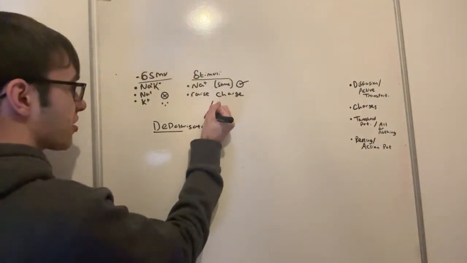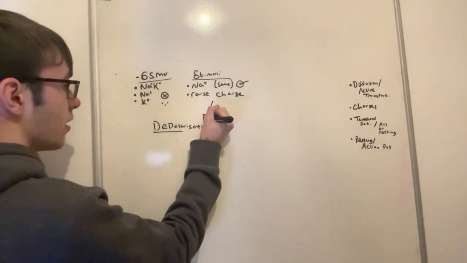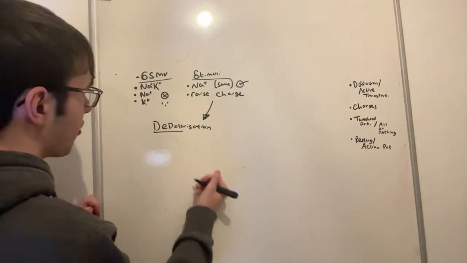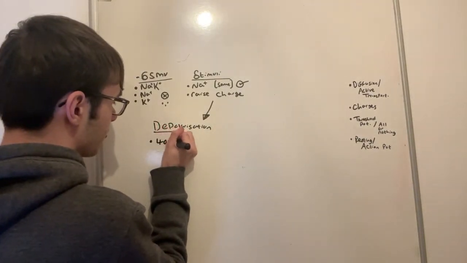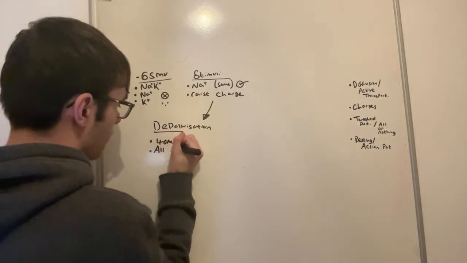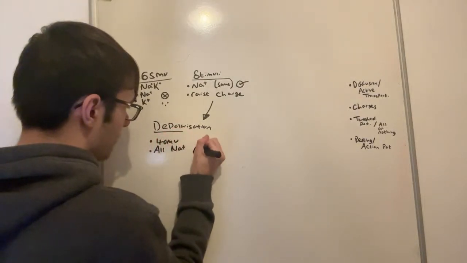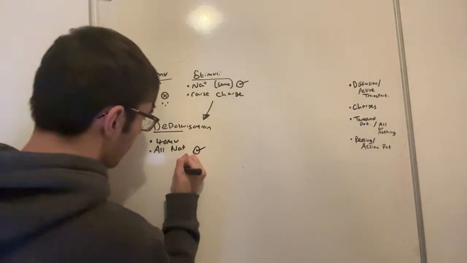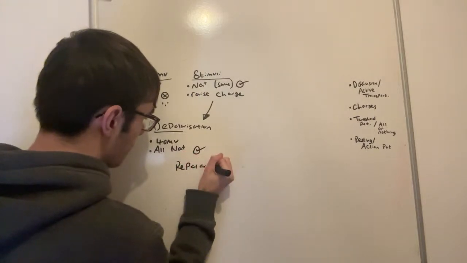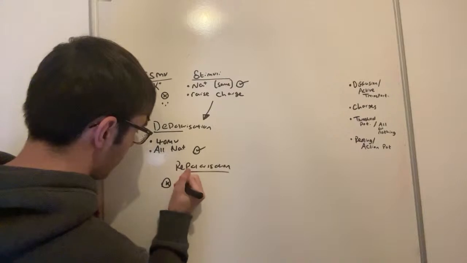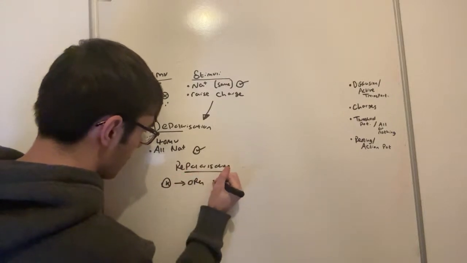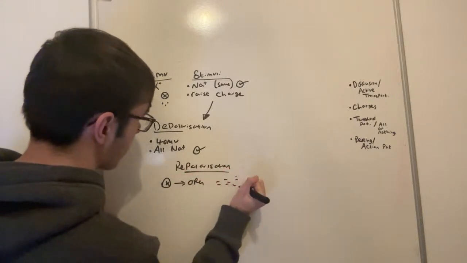Because if the charge is significant enough, and it surpasses the threshold potential, depolarization will occur, which will increase the charge to 40 millivolts, because all the sodium channels are going to be open. And finally, repolarization, because the potassium channels are going to open, which is going to rapidly lower the charge.